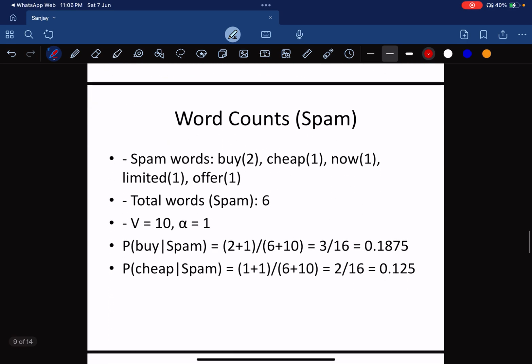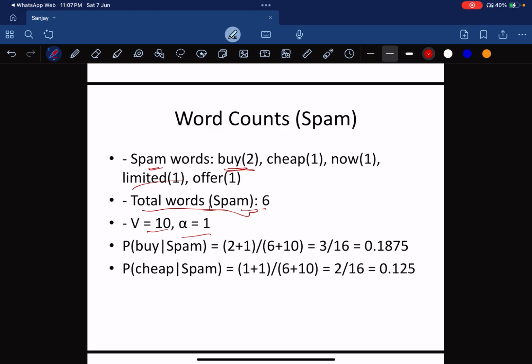We take the frequency in the spam class; there are 6 words in the spam class, V is 10, and alpha, as I told, is usually taken as 1. We find the probability for the word "buy". Sorry, there are 5 words.